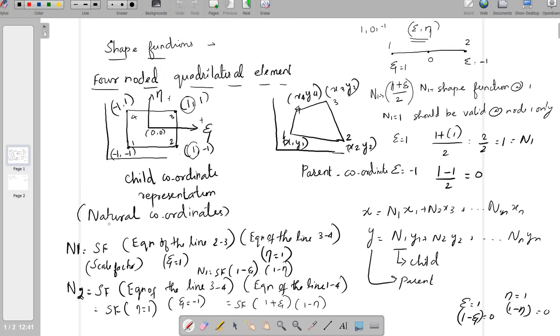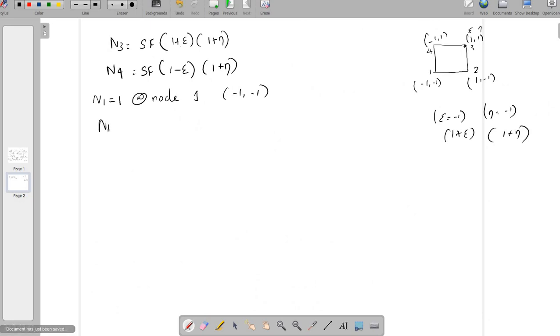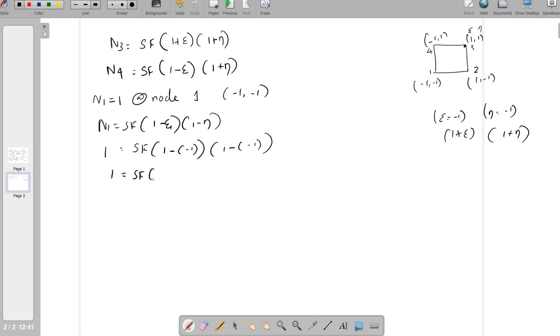So we can take the equation of n1. n1 is equal to scale factor into 1 minus epsilon, 1 minus eta. You just substitute the coordinates. It is scale factor into 1 minus of minus 1, 1 minus of minus 1 again. n1 is equal to 1. So 1 is equal to scale factor into 2 into 2. So the scale factor is equal to 1 by 4.